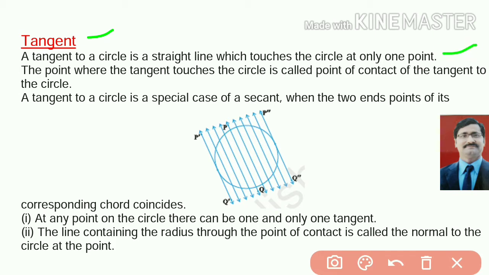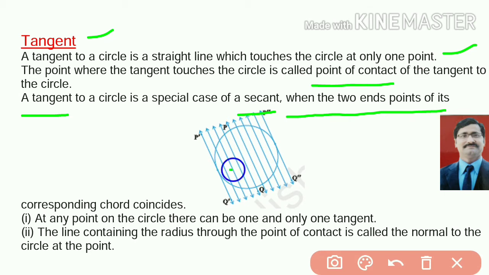The point where the tangent touches the circle is called the point of contact of the tangent to the circle. A tangent to a circle is a special case of a secant when the two end points of its corresponding chord coincide.